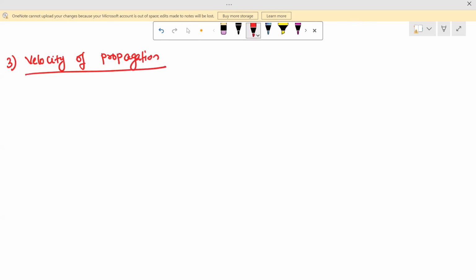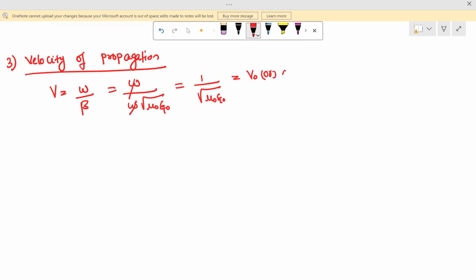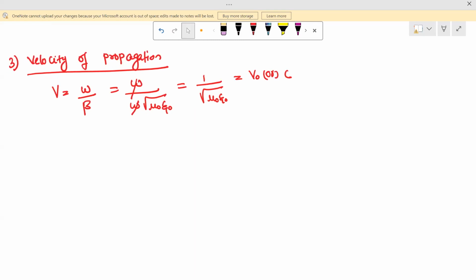Velocity of propagation, V is equal to omega by beta. We know that for TEM waves, beta is omega into root of mu naught into epsilon naught. The omega and omega get cancelled. We will get this as 1 by root of mu naught into epsilon naught, which can be written as c, the velocity of light.